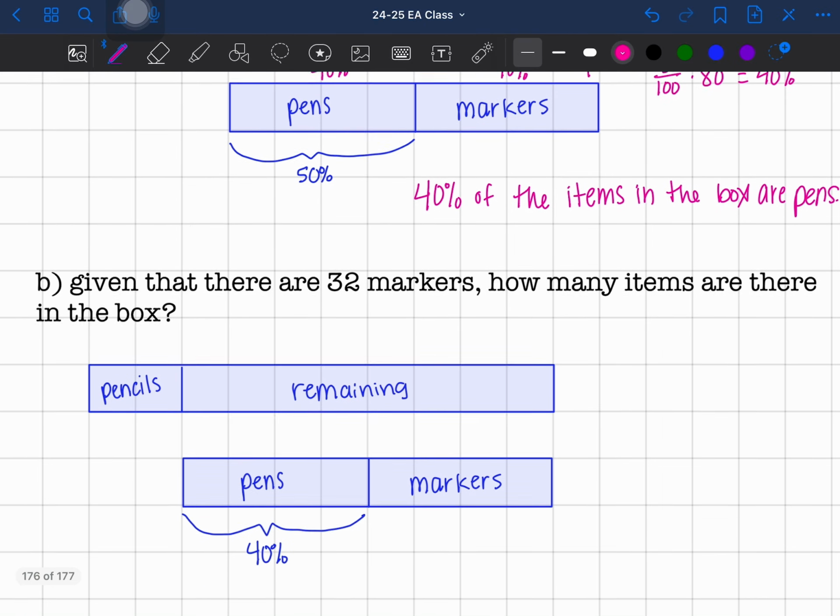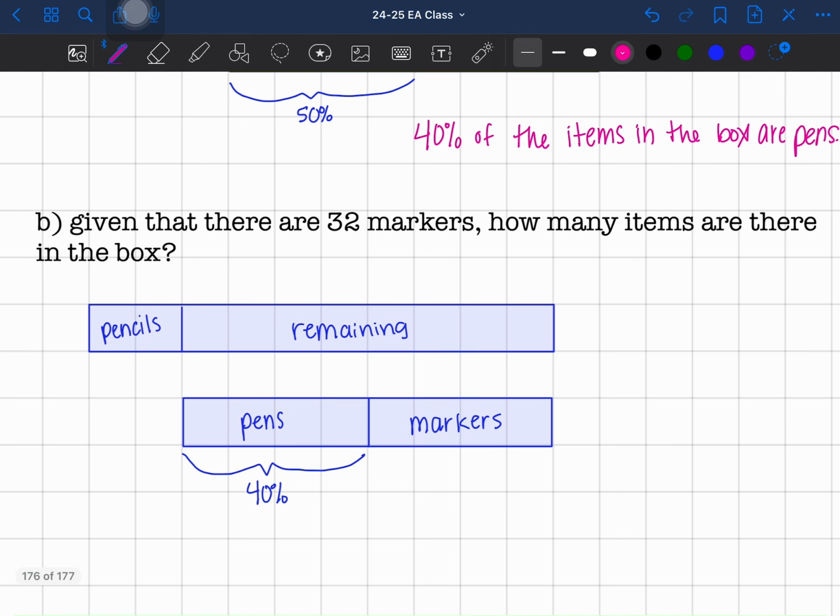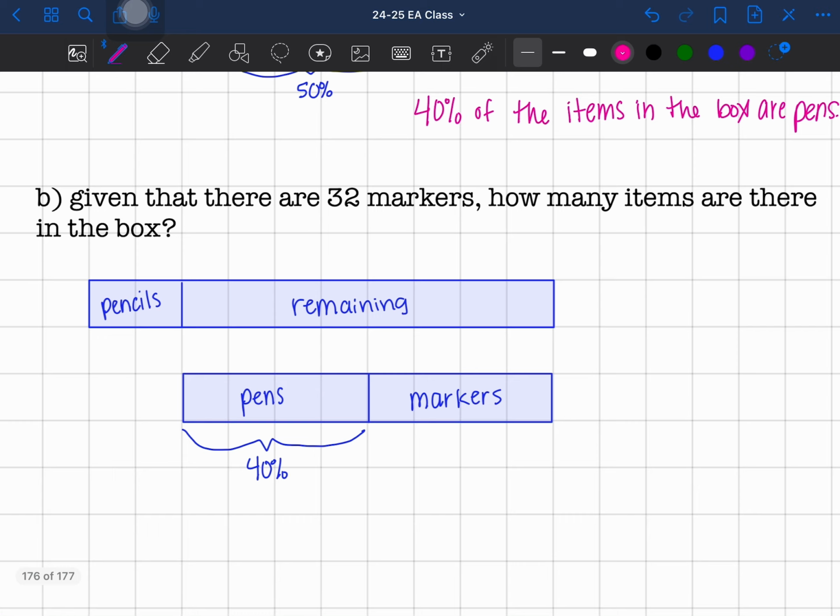Given that there are 32 markers, how many items are there in the box? So we are trying to find the total number here. We know that there are 32 markers. And if we know that the remaining is 80% and the pens are 40%, the markers also make up 40%.